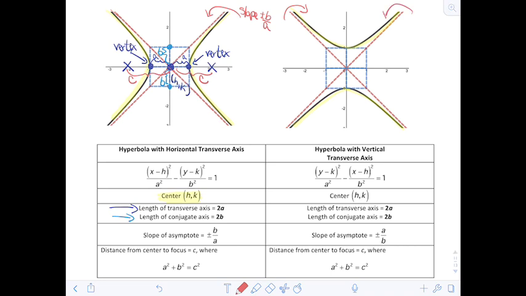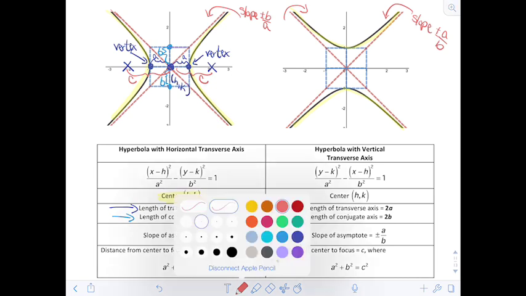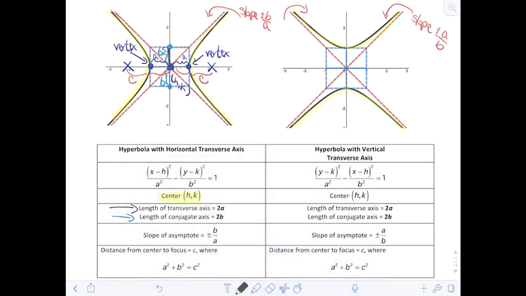And here, the slope is positive or negative a over b. So if we look at the rise over run, as I go from the center to the corner of that rectangle, I rise b and run a. So the slope would be positive and negative b over a because I go in both directions.